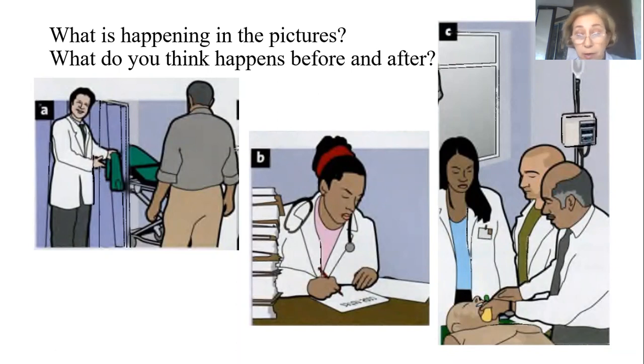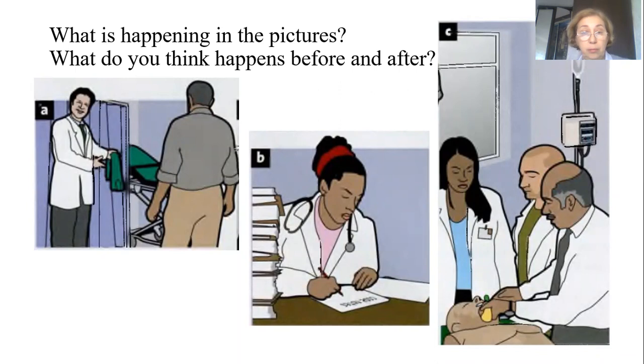Case history, right? Yes. And you see there are a lot of papers, maybe the case histories of other patients. And what did she do? What happened before she started writing?